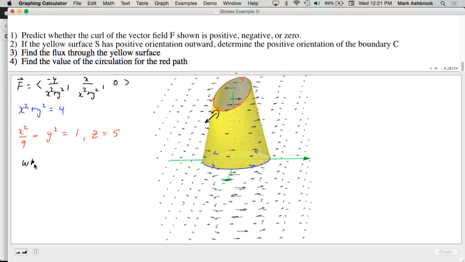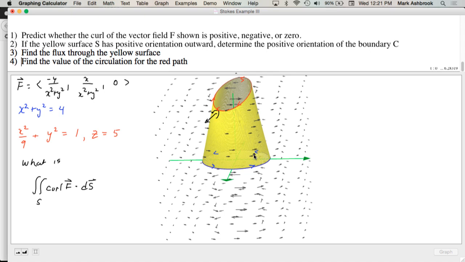So S is the yellow surface. So we're going to have to get an equation for the surface, right?